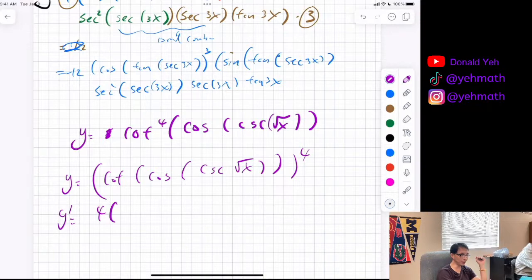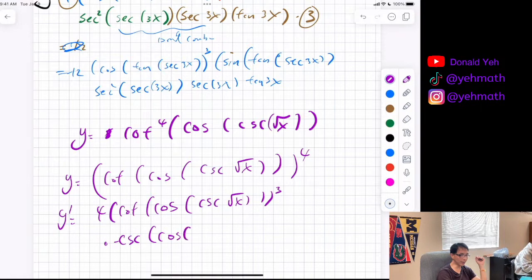It's gonna be 4 cotangent of cosine of cosecant of square root x to the third power. Then I take the derivative of the cotangent, which is times CSC squared of cos of CSC square root x.